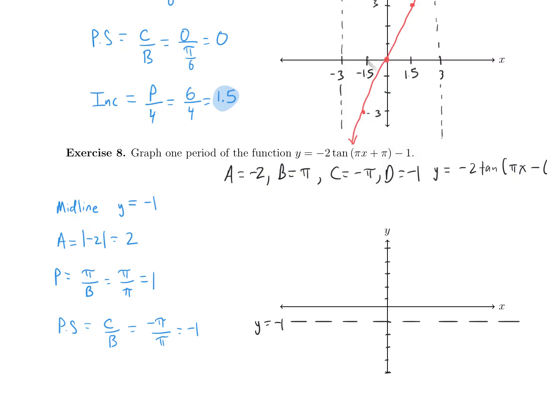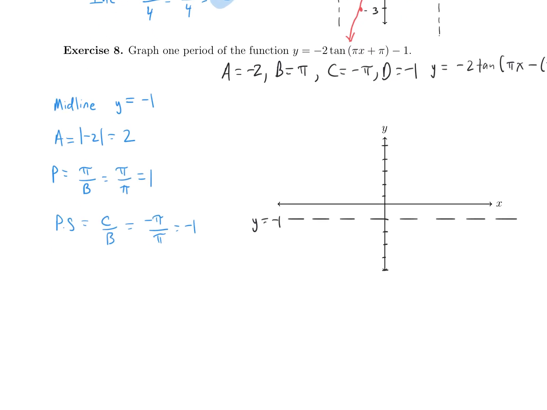Our increments are going to be the period over 4, which is 1/4. Okay, so it looks like we have everything we need: midline, stretch factor, period, phase shift, increments.